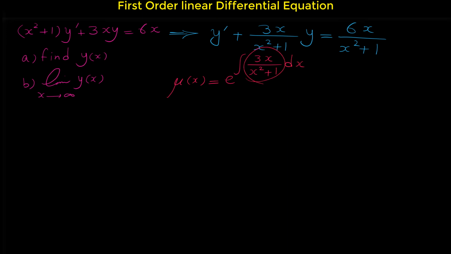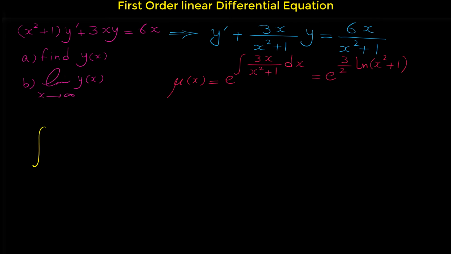Integral of 3x over x squared plus 1 is 3/2 ln of x squared plus 1. Let me show you how you can find this integral.